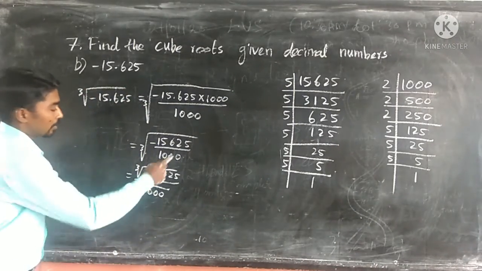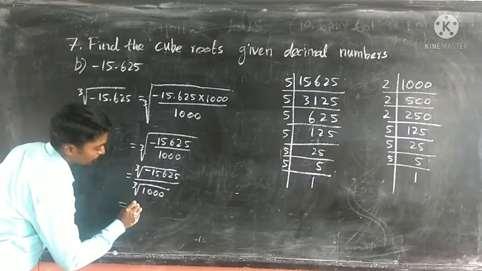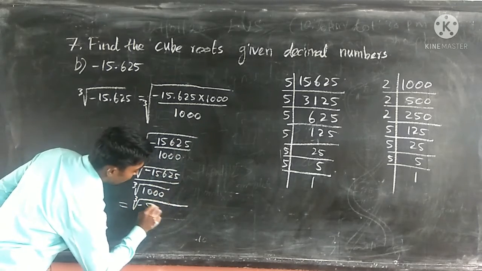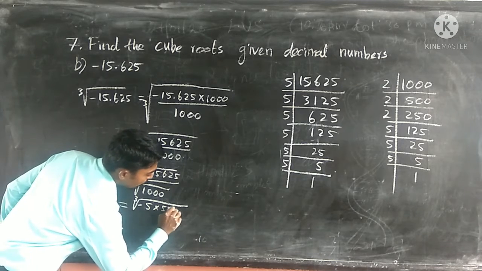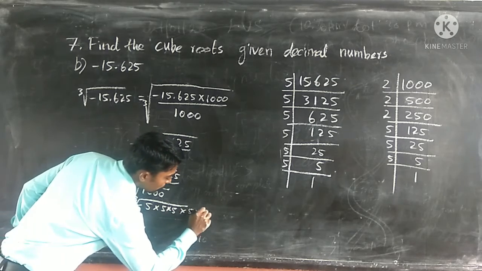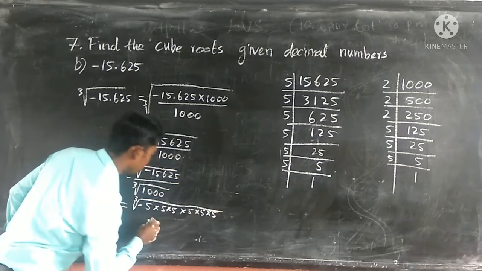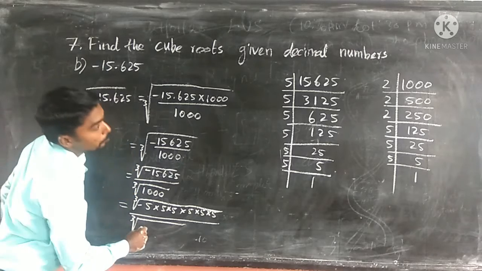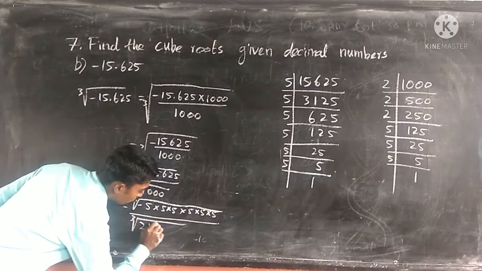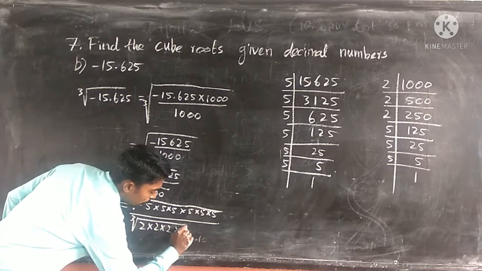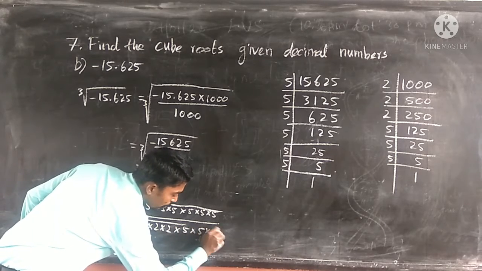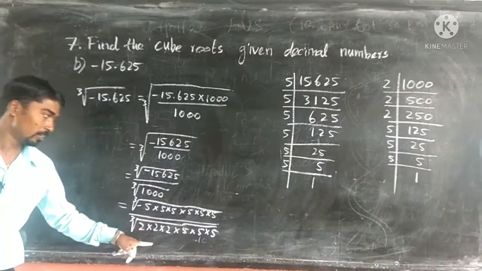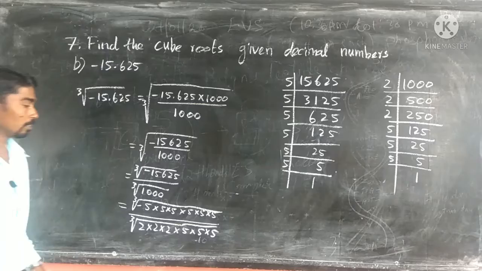Now we can write these factors. Cube root of minus 5 into 5 into 5 into 5 into 5 into 5 divided by cube root of 2 into 2 into 2 into 5 into 5 into 5. If you observe these factors, each factor appears in a group of 3.